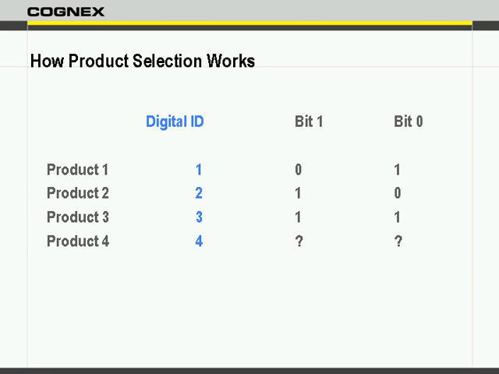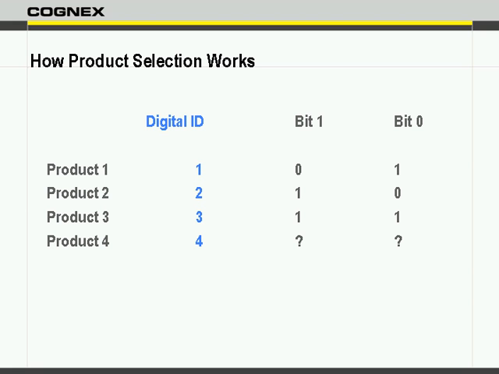In order to have product 4, though, I would have to have what? A third bit, bit 2. This one's 0 or 1, this one's 0 or 2, this one would be 0 or 4. So I would actually have to have a third bit in order to select product 4 through my physical I/O at this point.